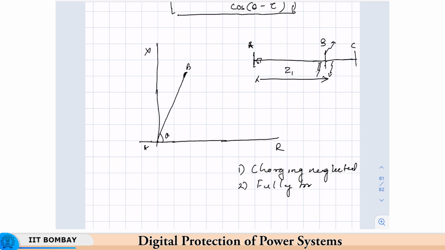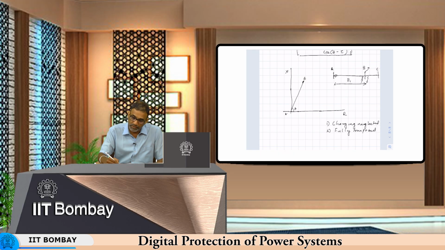Okay. So now it becomes very difficult to distinguish whether the fault is on the line AB itself, or on the bus, if it is very close to the bus B. So the distinguishing of the fault, whether it is on AB, very close to B, whether it is on B itself, or whether it is on BC, close to B, becomes very difficult.